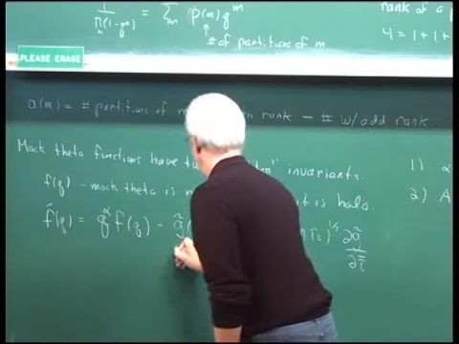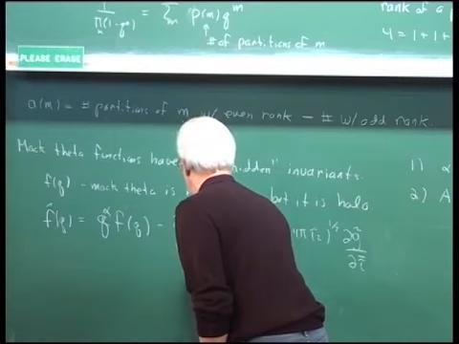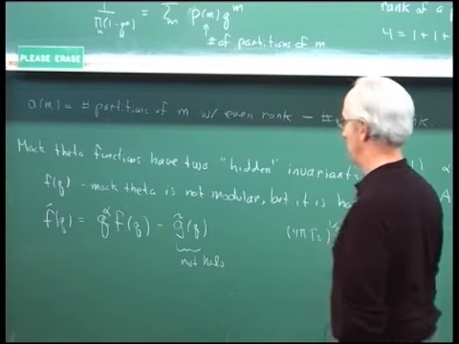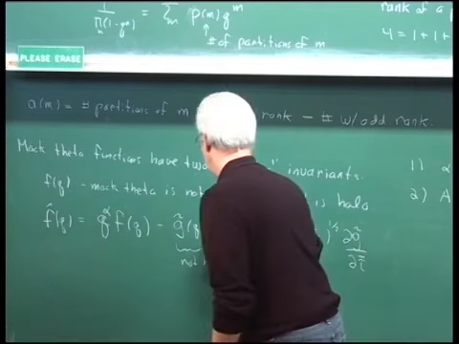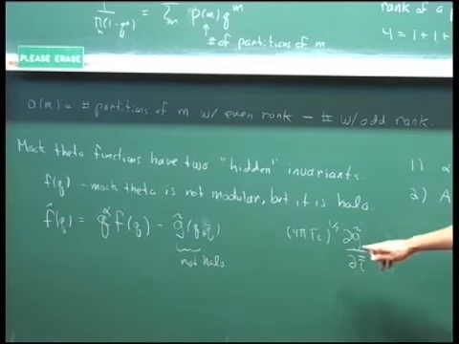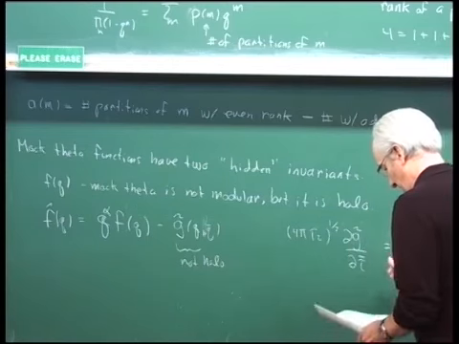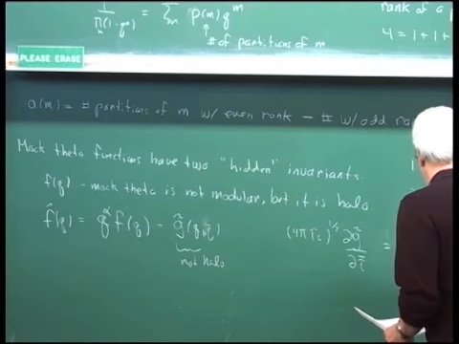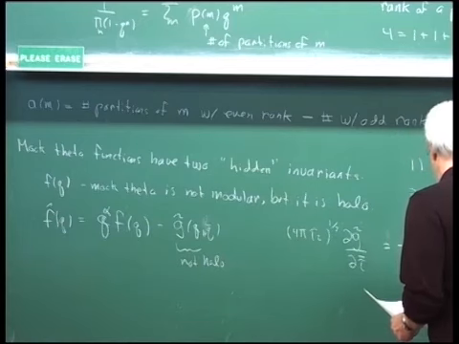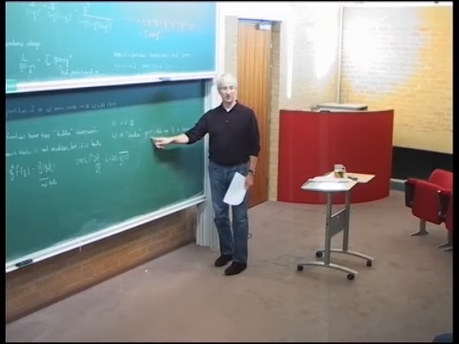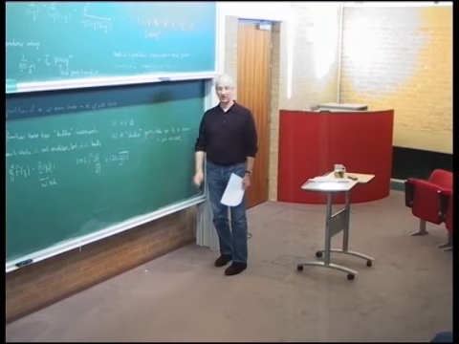But this guy is not holomorphic. So, as it is a function of q, it's q bar as well. It's not holomorphic. And its derivative with respect to tau bar is, up to some factor, the complex conjugate of this shadow, which is a holomorphic weight 3/2 theta function.